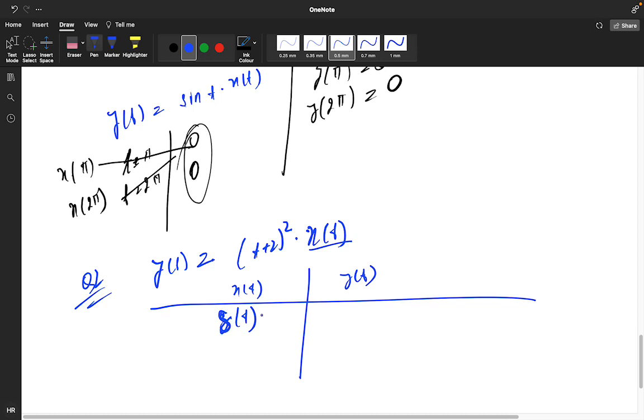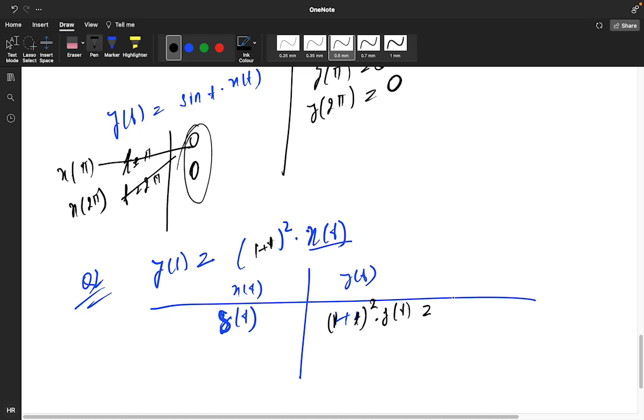If you take x of t as delta t, whatever the value present in the delta, so 1 plus t, this is (1 plus t) the whole square. So we know the impulse response, (1 plus t) the whole square into delta t, whatever the output will come.